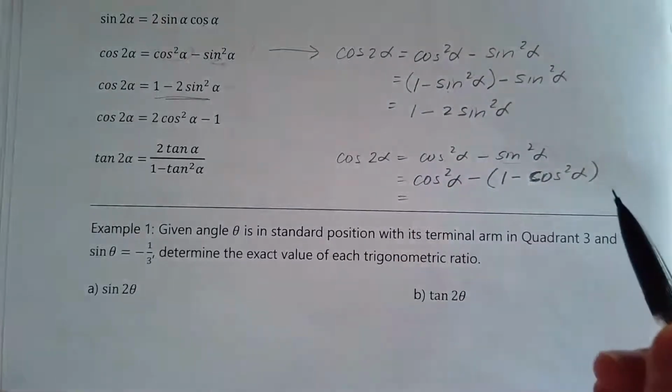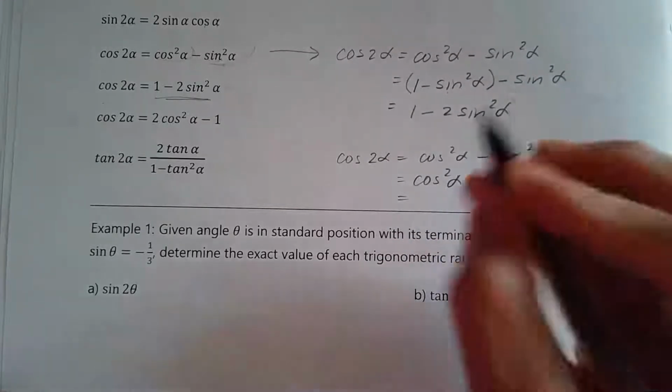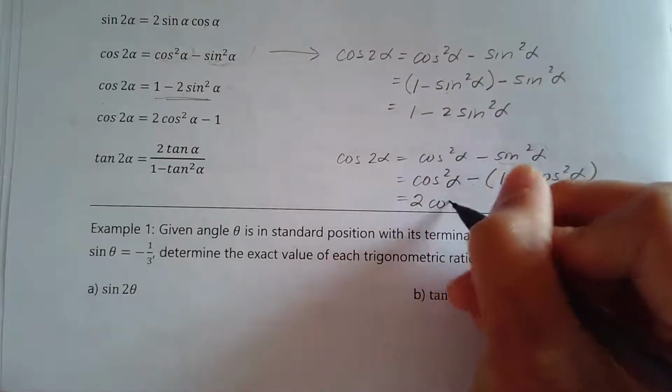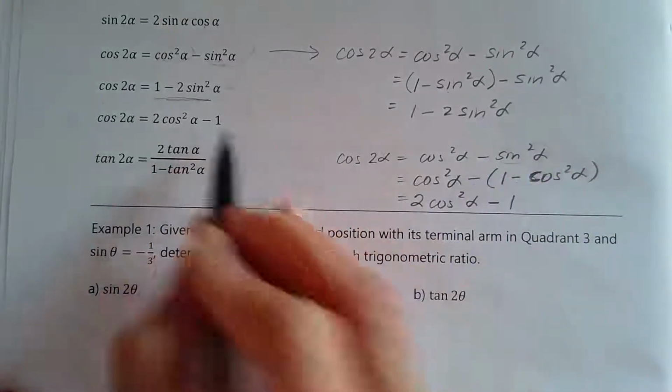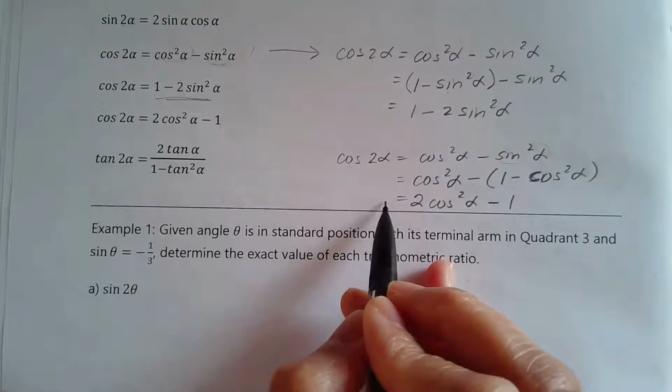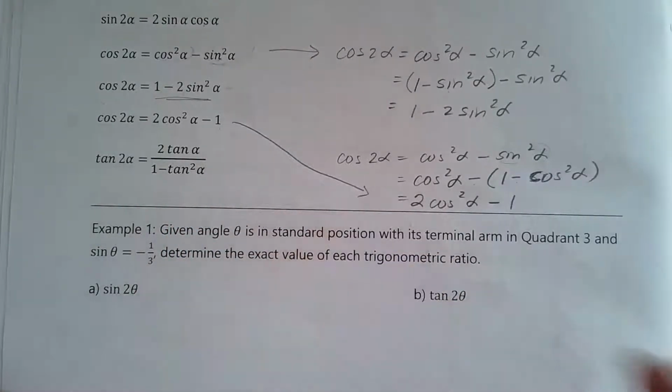That becomes cos squared alpha minus 1 plus cos squared alpha. That gives us 2 cos squared alpha minus 1, which is this one right here.